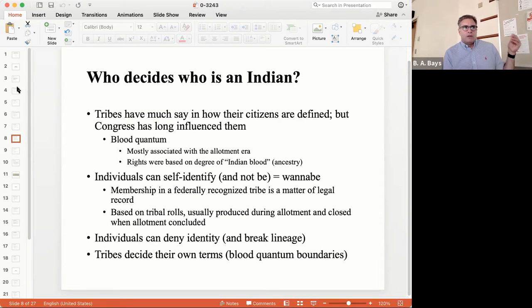Back during the removal days of the 1830s, a lot of the people who were moving to Indian Territory filed claims against settlers, particularly white settlers in Georgia, who had confiscated their property because Cherokee law was nullified, supposedly, before the Supreme Court ruled on it.